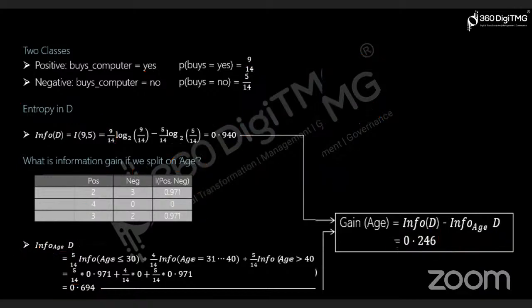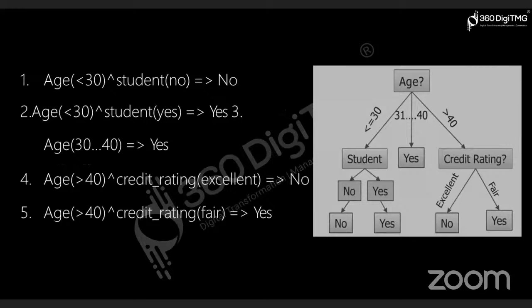Moving forward, taking age as the attribute, we can see that we end up with 5 possible rules. If age is less than 30 and they are not a student, they will not buy the laptop.